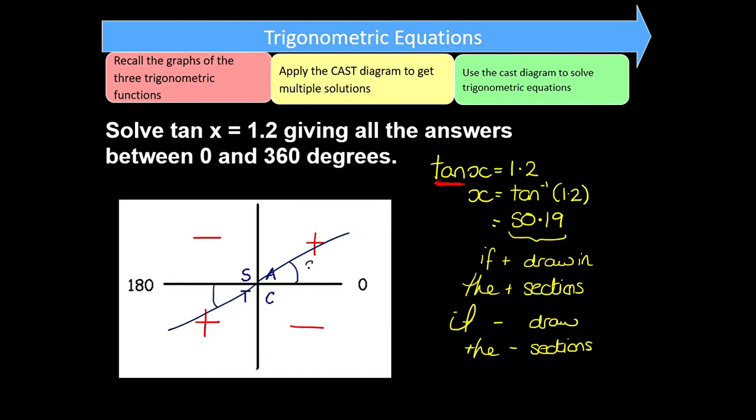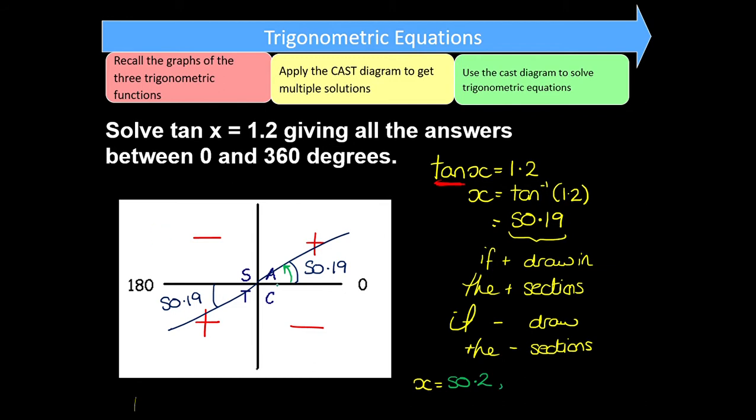And the angle was 50.19. So my solutions. My first solution, starting at 0, happens here. How far have I actually turned? Well, that's 50.19, or we can now give it to 1 decimal place, so I'm going to say 50.2.